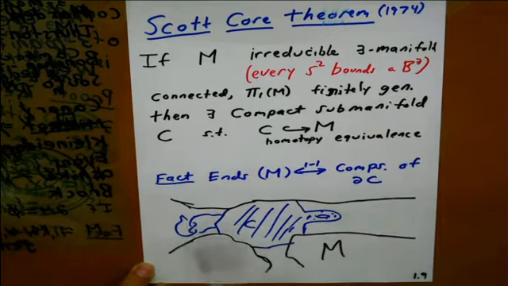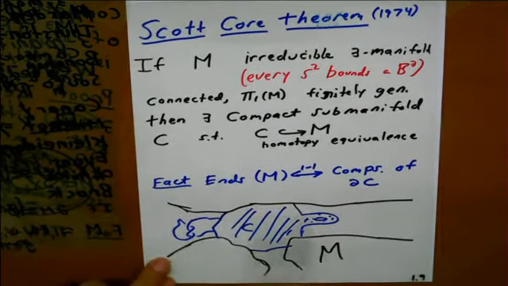In other words, there's a one-to-one correspondence between the ends of the manifold and the boundaries of the core. And these boundaries facing out from the core, think of those as the ends.